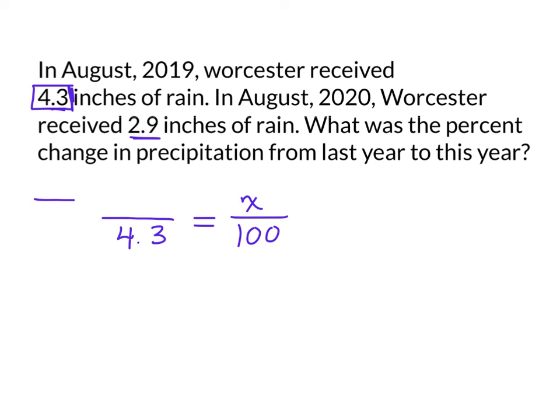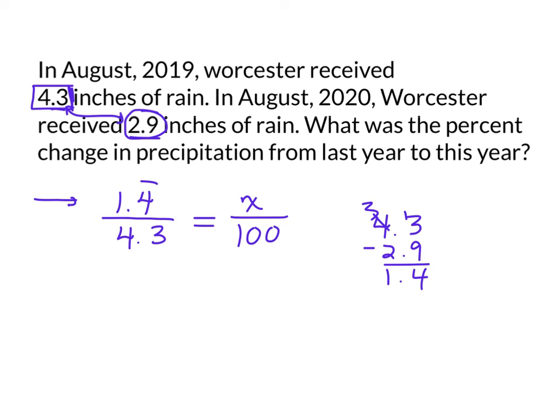The amount that it changed by, I can't use that 2.9 directly. I have to use it to find out the amount that it changed by. 4.3 minus 2.9. It changed by 1.4 inches. And often with these questions you hear, was it an increase or a decrease? Because the rain went down, the inches of rain went down, this would be a percent decrease.